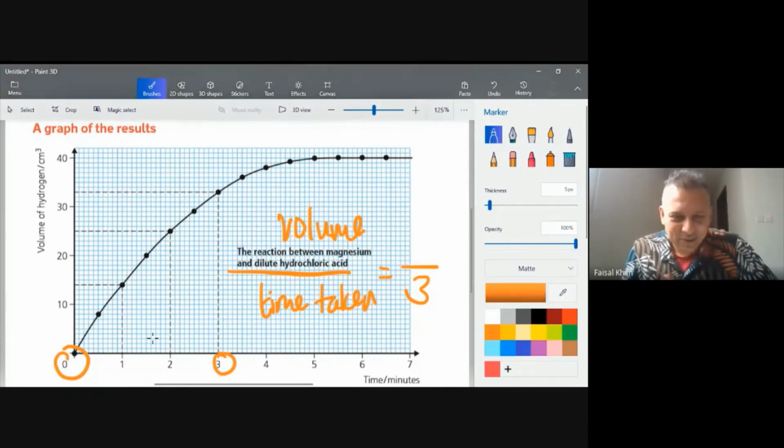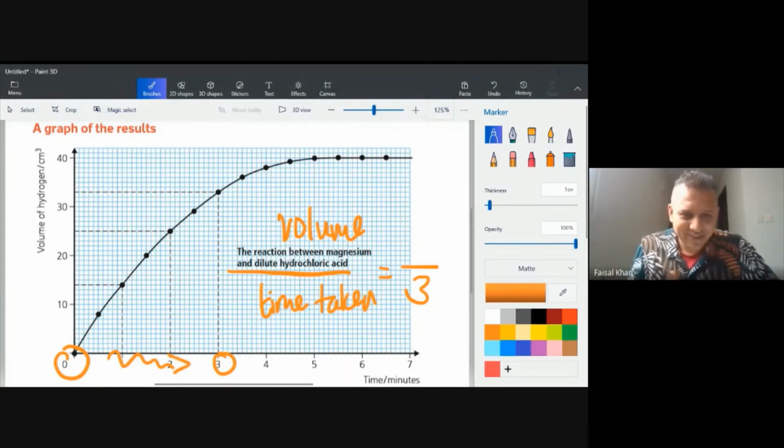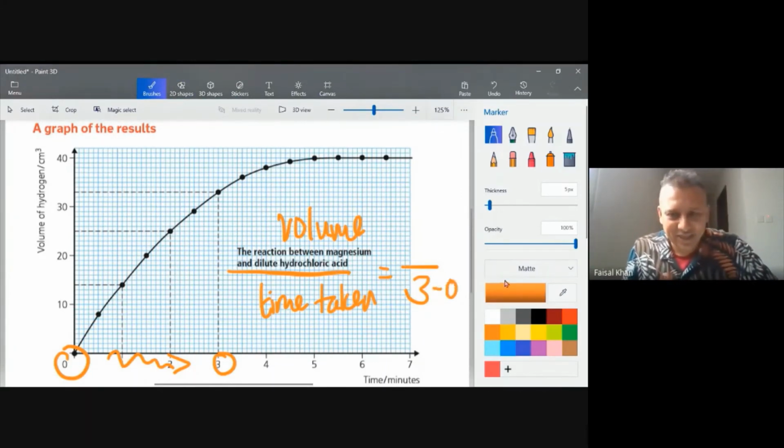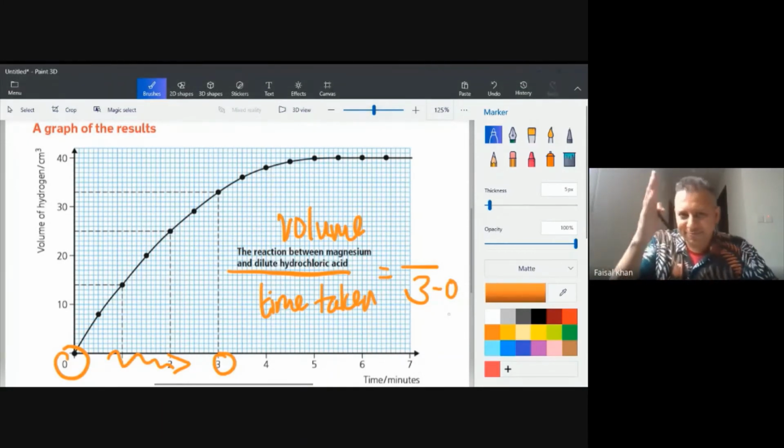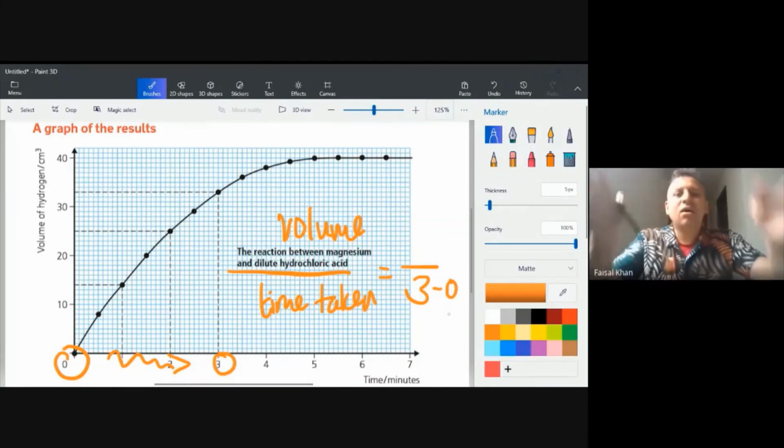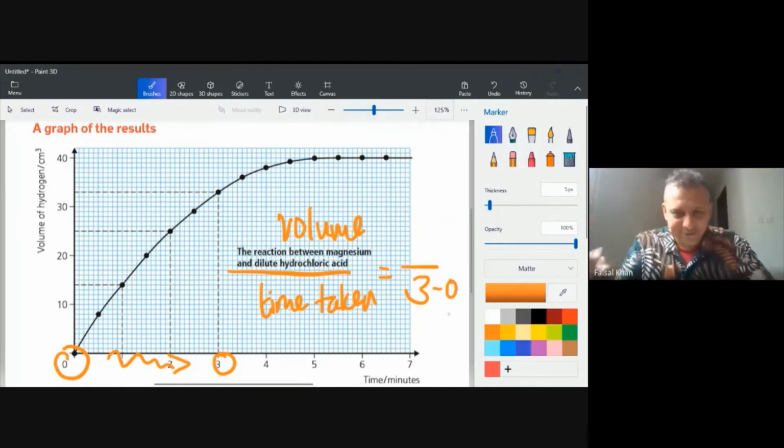Okay, so the experiment has taken place over 3 minutes, from 0 to 3. So your change in time taken is actually 3 minus 0. When you're working out the change in time taken, you get the final point and you take away the initial one. That's what Hamza did in the previous calculation, because he said you find the difference.